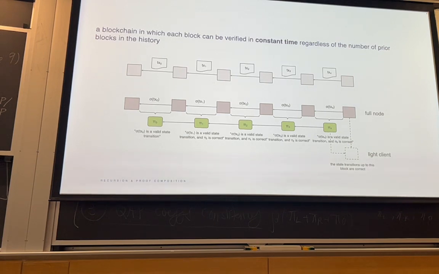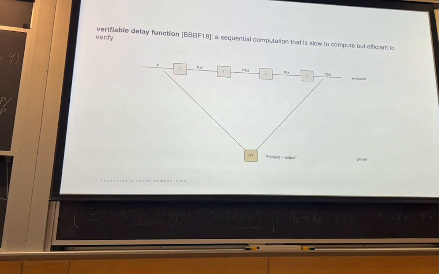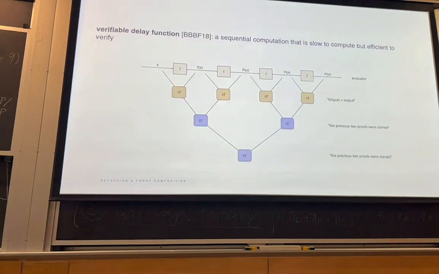This is what a recursive proof can achieve. And what the light client does is just download the latest recursive proof. And that should be enough of a guarantee. So any questions? This is the most obvious application. There's a bunch more that are really cool.